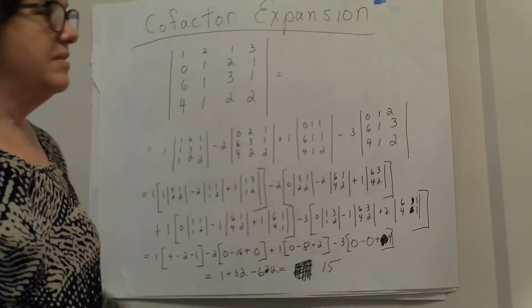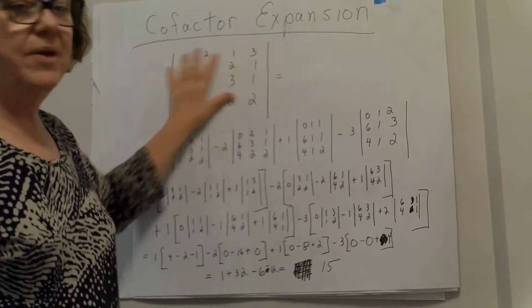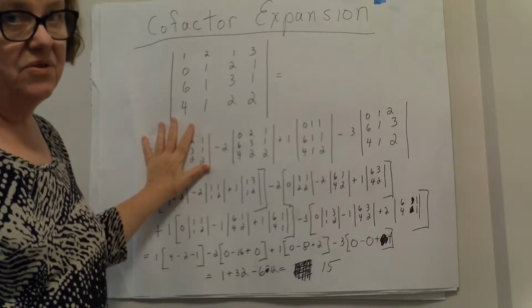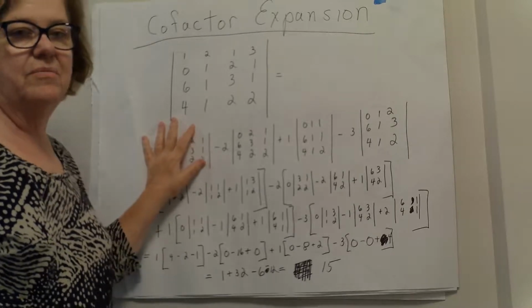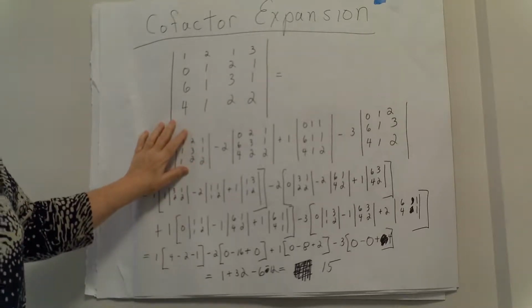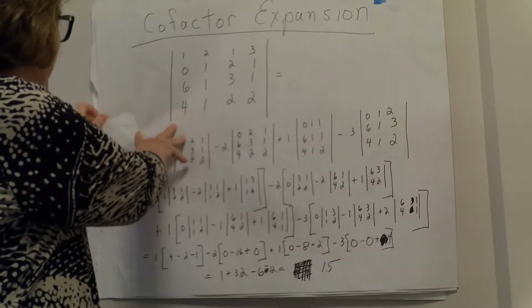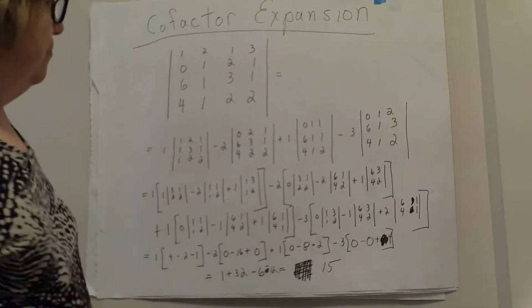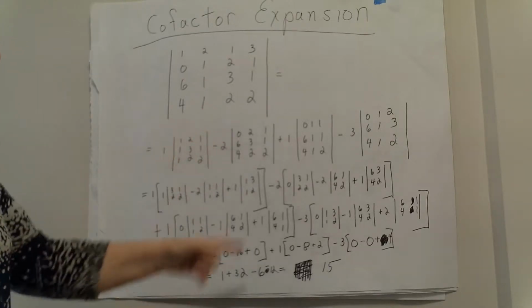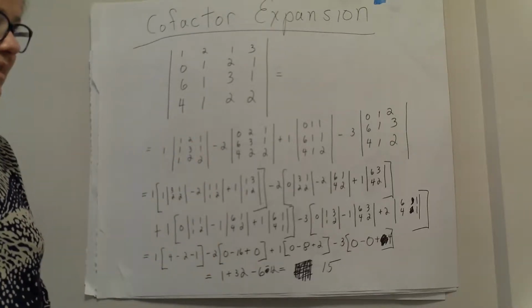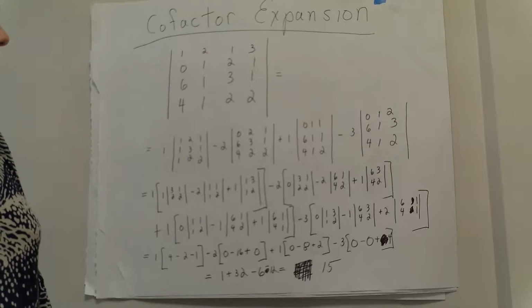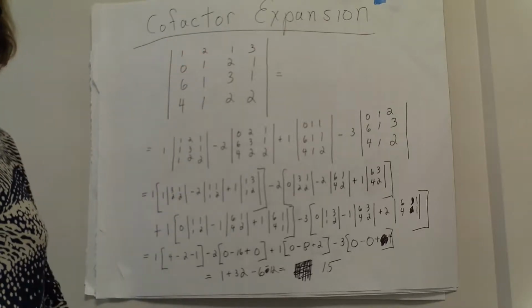No matter how big this matrix is, of course it has to be square, we're only defining determinants for square matrices. No matter how big it is, we can determine the determinant by what's called cofactor expansion.